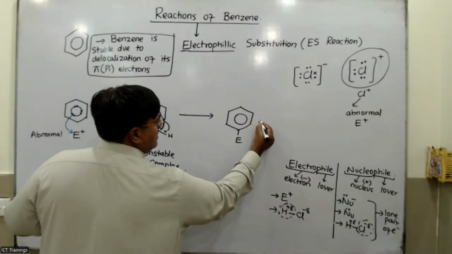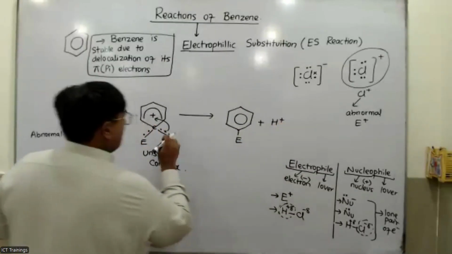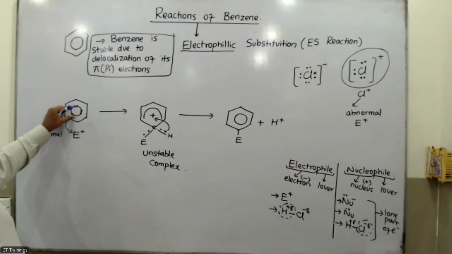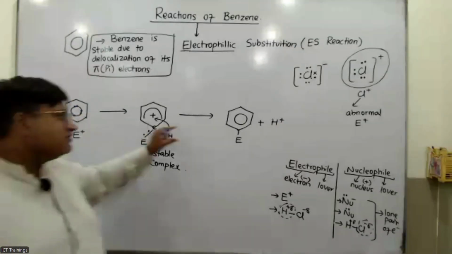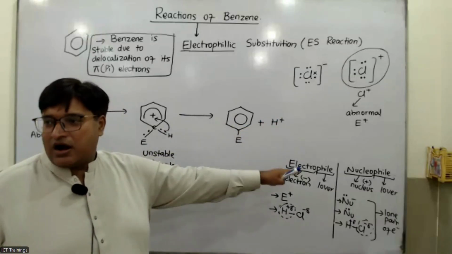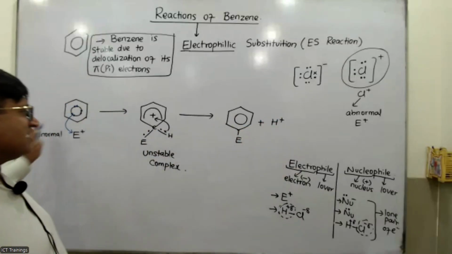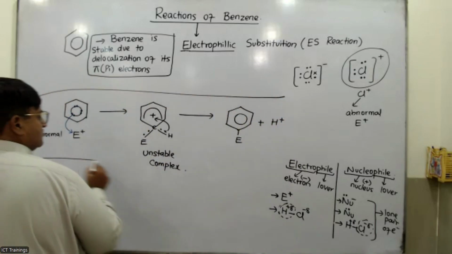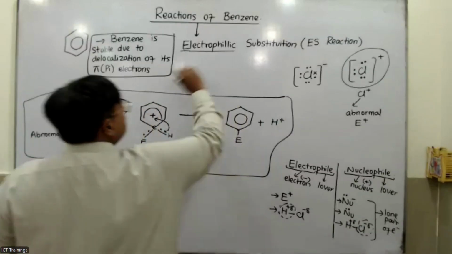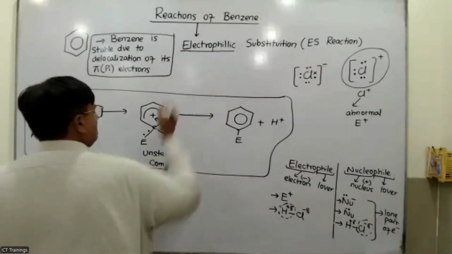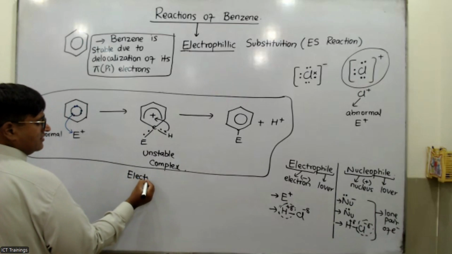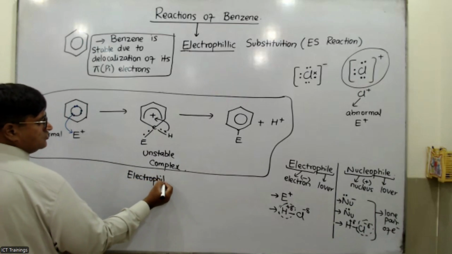The electrophile is attached up here, and H positive comes out. One positive ion has attacked the benzene, and one positive ion has come out. This is the mechanism which is used in all benzene reactions. This whole reaction is called electrophilic substitution.